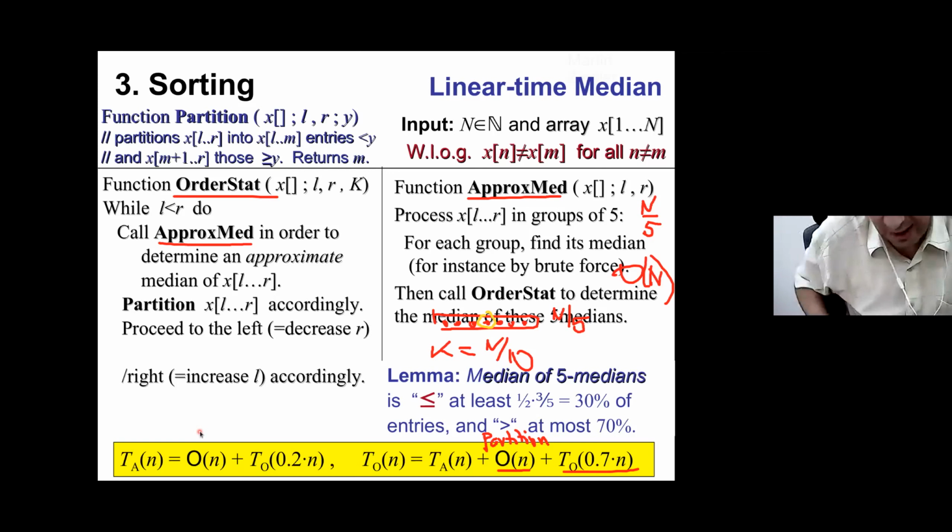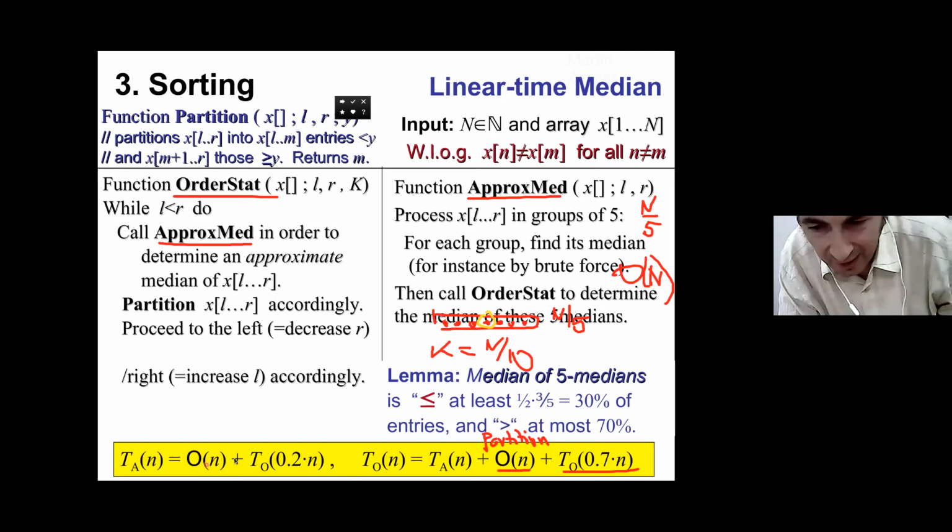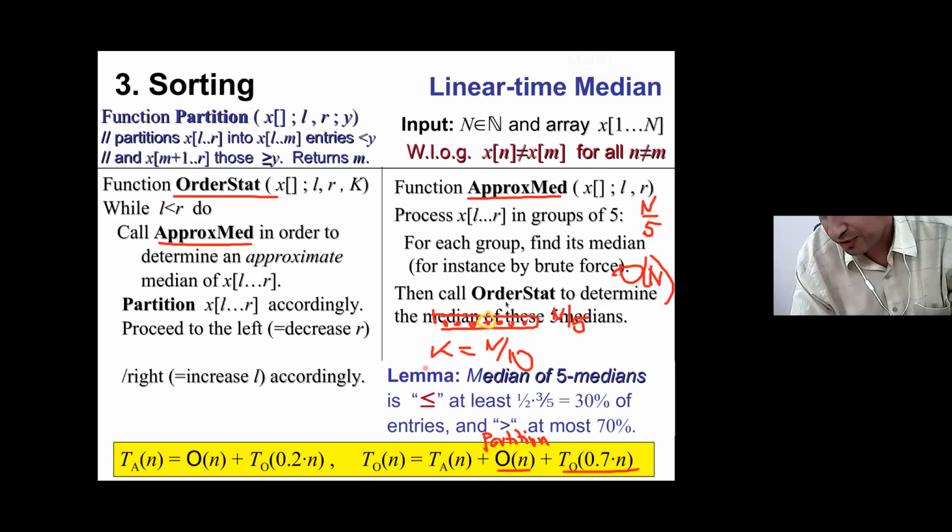And as I said, as long as you do not care about constants, it doesn't really matter what algorithm you write, but keep this in mind that the constant in this O of n does depend on how many operations you need to find this median in the group. But as long as you do not care about constants, you can simply write O of n. So this O of n comes from here.